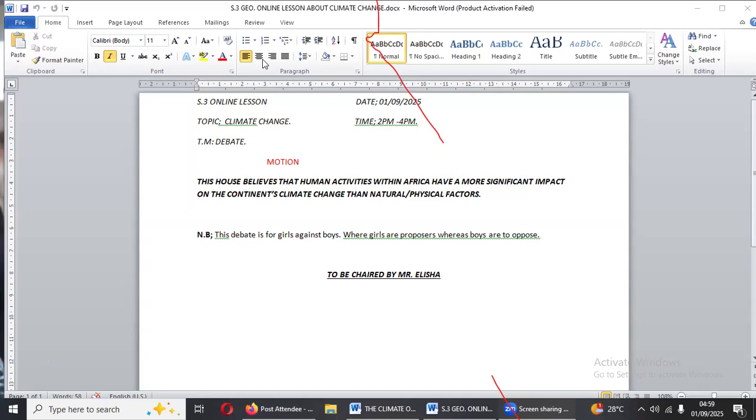Look at how human activities are being carried out more. These natural factors delay to come. Look at weathering of rocks, look at volcanic eruption. It is not that they happen every time, but human activities happen in the human's day-to-day life, and they can cause an even bigger effect than the natural or physical factors. So with that, I'd like to rest my case. Thank you.